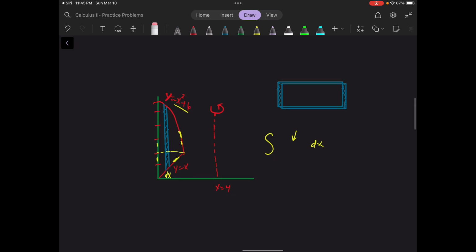Okay, so let's look at it now. Let's draw the shape over here. When we reflect it, it should look something like this. Not perfect, but it'll work, right?